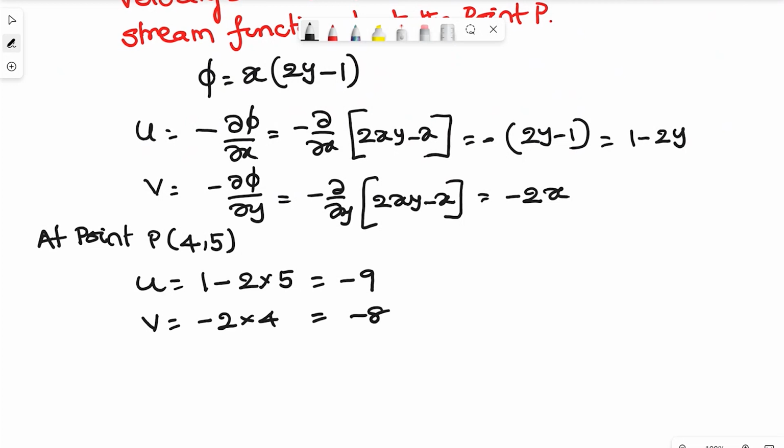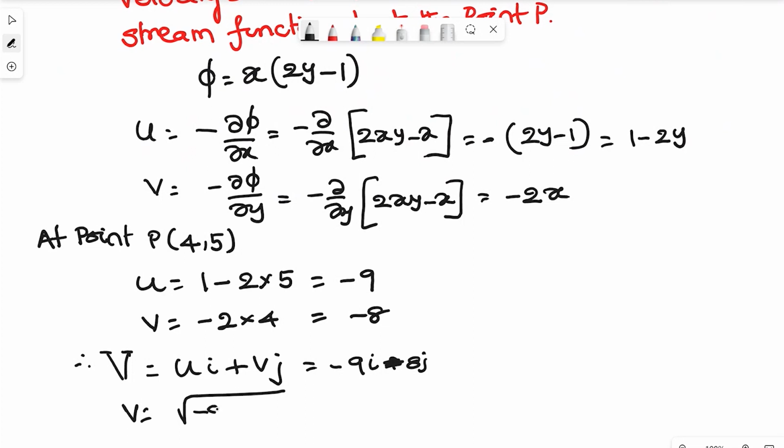Therefore, velocity V is equal to ui plus vj, which is equal to minus 9i minus 8j, or V is equal to square root of (minus 9) square plus (minus 8) square, 81 plus 64.